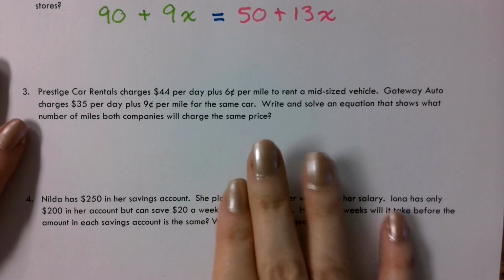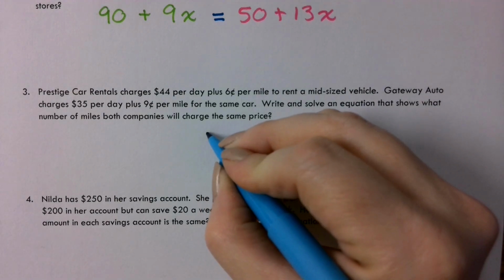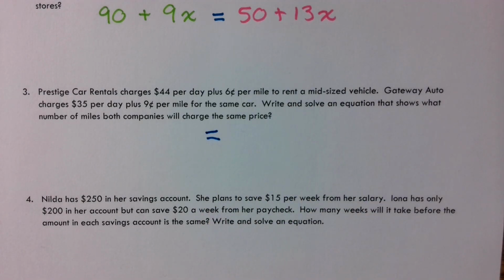All right, let's go through problem number 3. Who wants to tell me what they wrote as their equation for problem 3? Nick? 40 plus 44b plus 0.06m. Is there any reason why you have two variables?